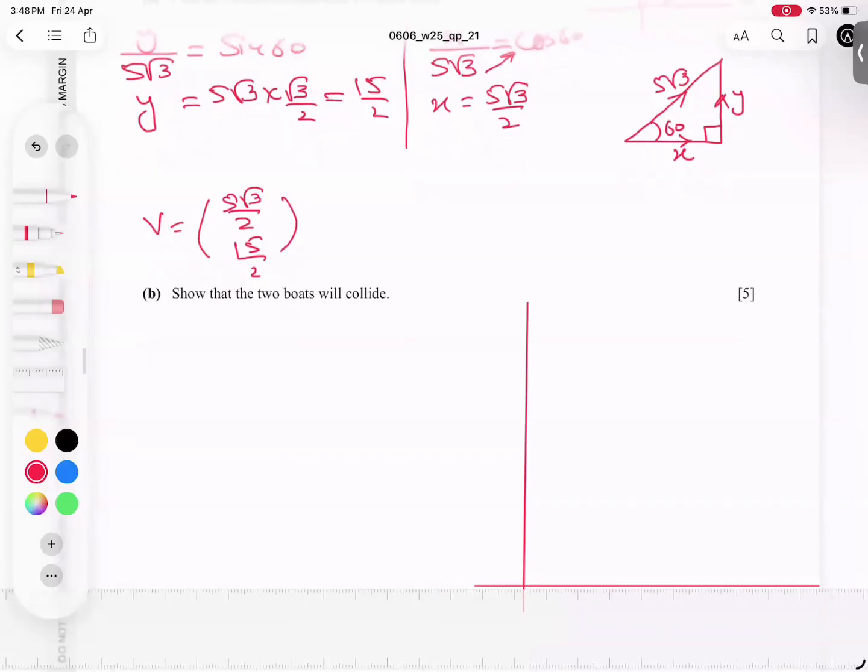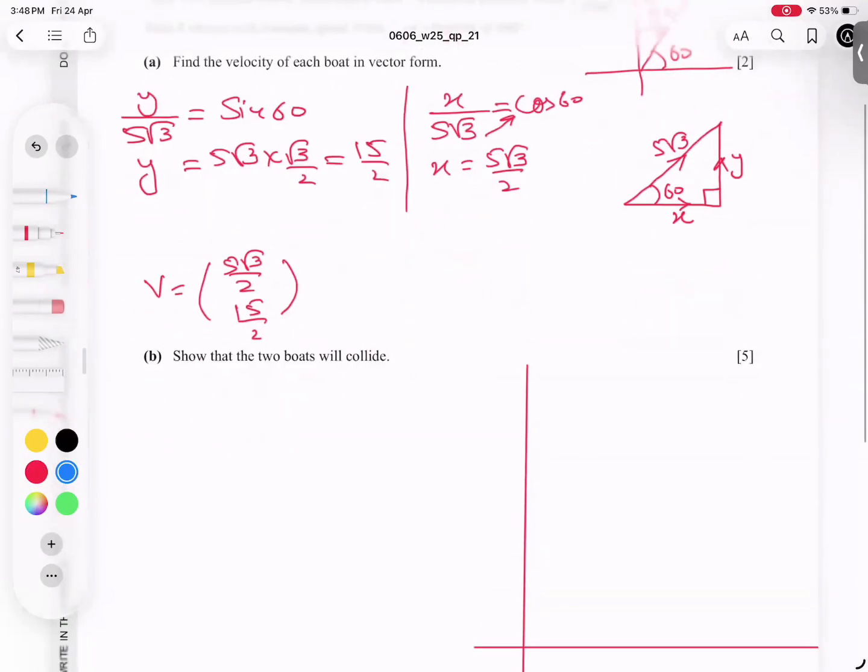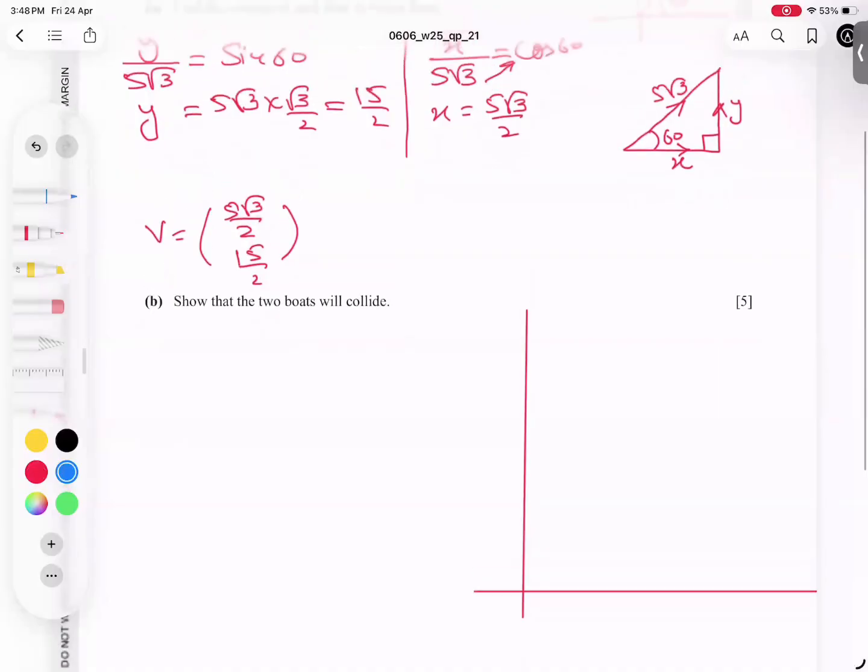Situation number one, we have particle A first. It's starting from the origin and the direction is very clear. If I make the direction, you can see this is a 30 degree angle, basically from the x-axis.